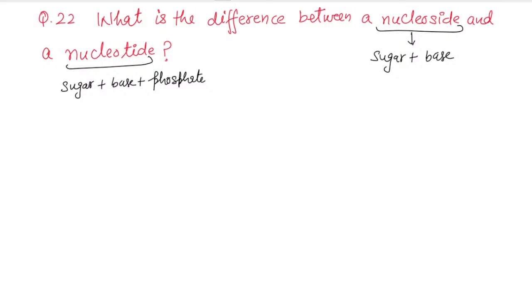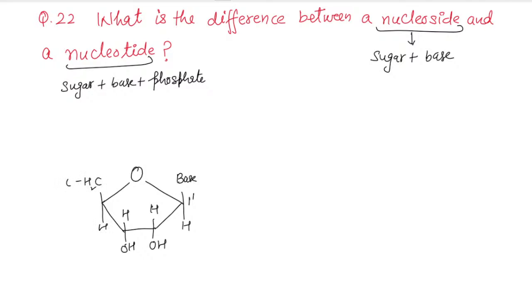So that is nucleotide. Simply you can write it like this: this is sugar. At the second position, it is OH or H, that all of you know. Here at 1 dash there is the base, at 5 dash. So nucleoside means sugar plus base.